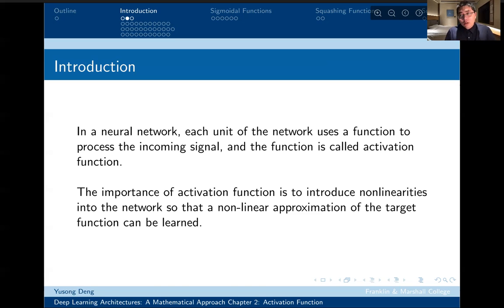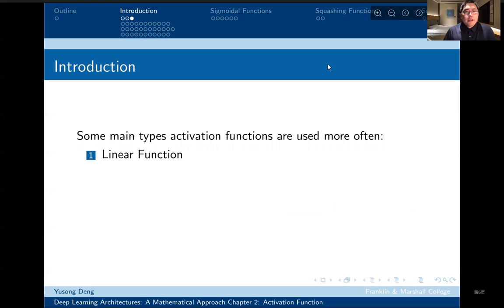However, that is definitely not what we want, because most things in real life are non-linear. So that's why we need more activation functions. There are some main types of activation functions used more often. Of course, you can use any kind of function as an activation function, as long as it has some specific characteristics to help you finish your job.